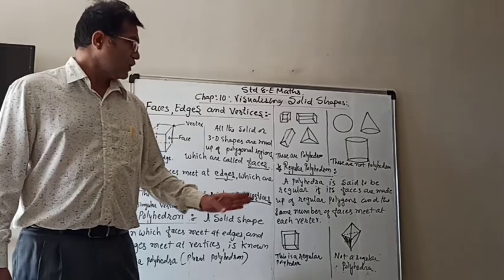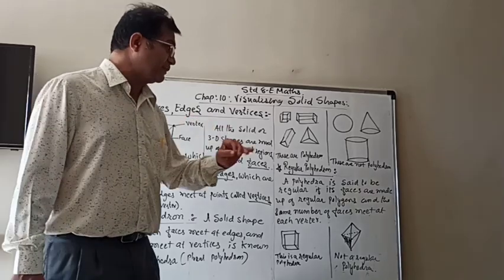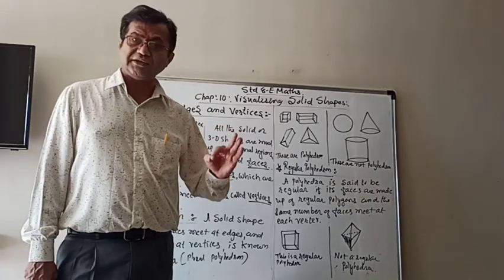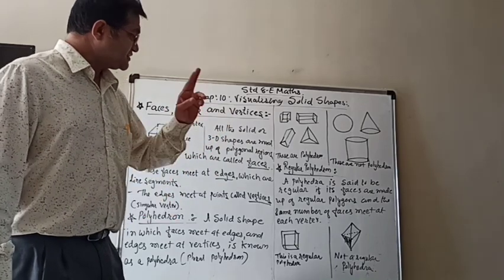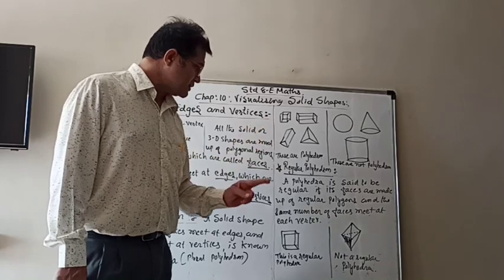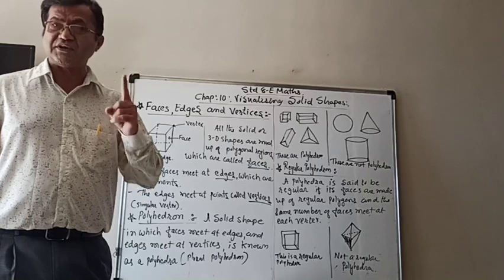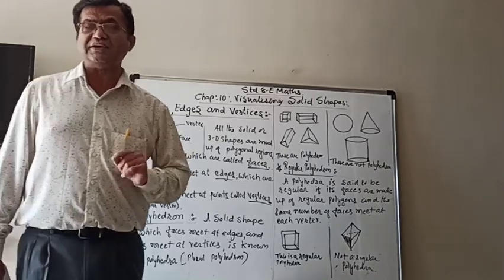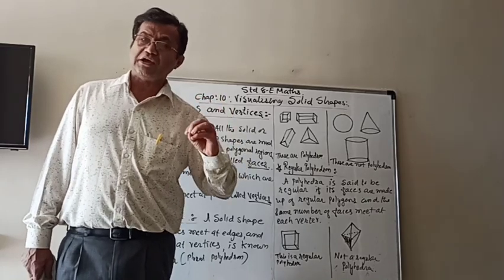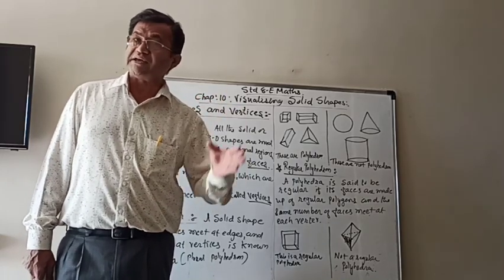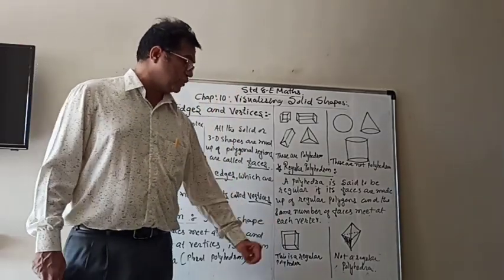But if all the faces are made up of regular polygons and the same number of faces meet at each vertex, if these two conditions are fulfilled, then that polyhedron is known as a regular polyhedron. You can take the example of a cube.